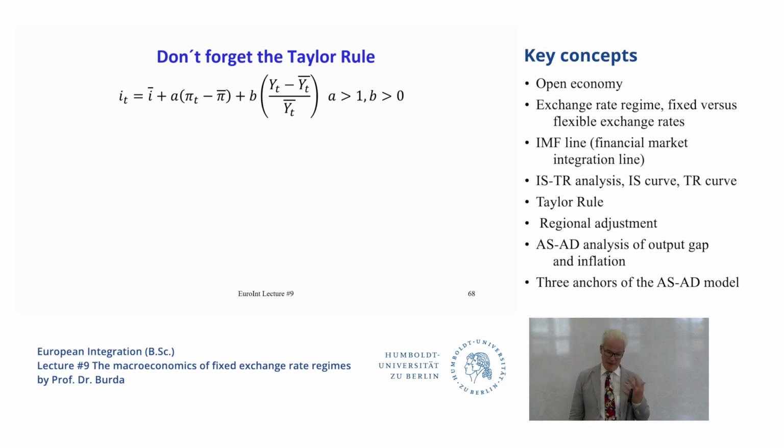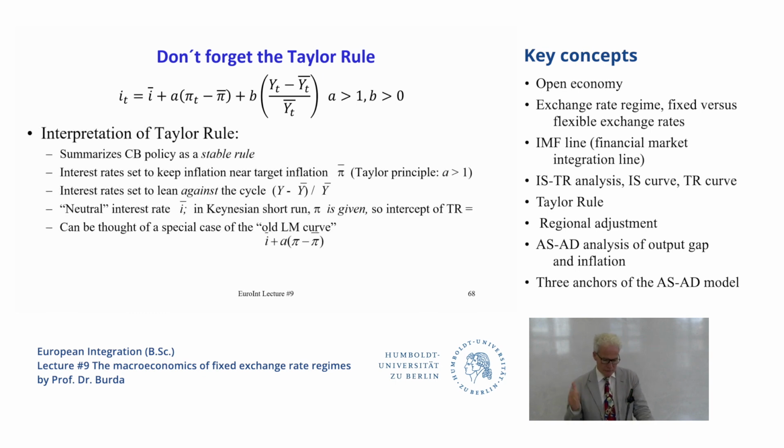And of course, we have to figure out what this pi bar is, and maybe it's not even constant. Maybe Lagarde changes her mind and says, I don't care about inflation anymore, I'm just going to let it happen. Could happen. Shouldn't happen. She's a very credible person. Jerome Powell's a very credible guy. So you want to have credible people choosing pi bar.